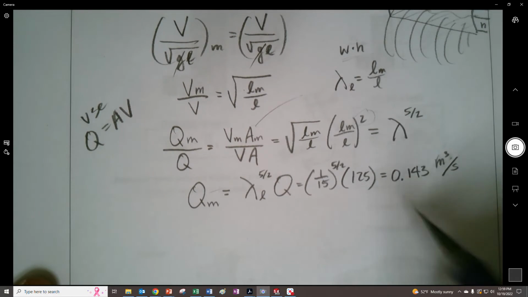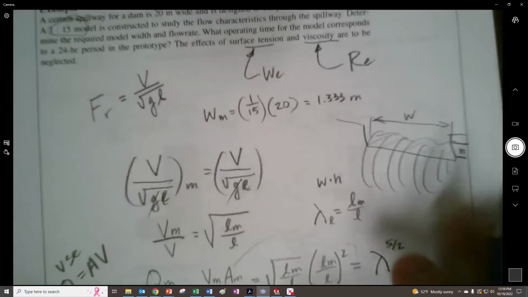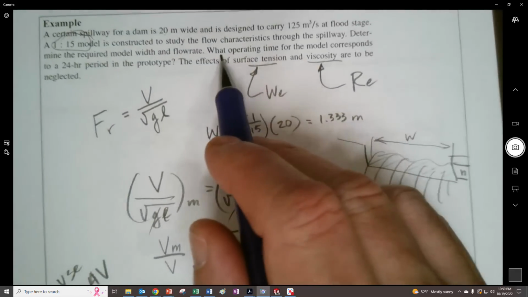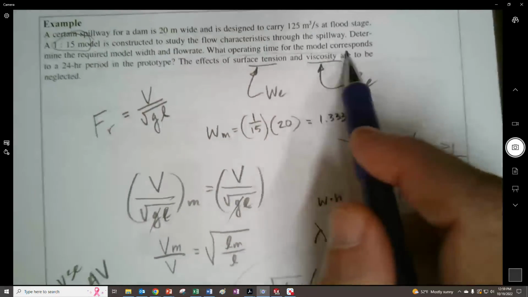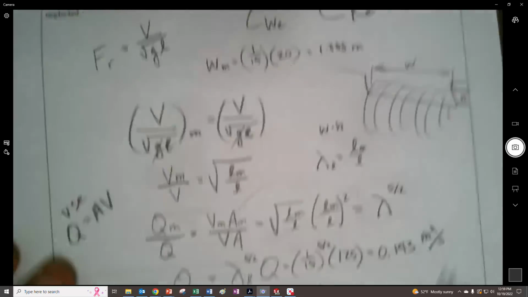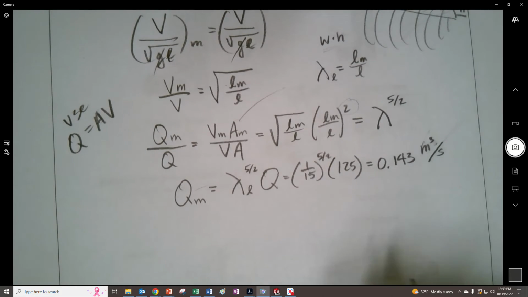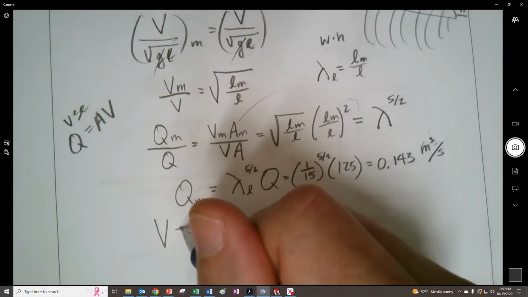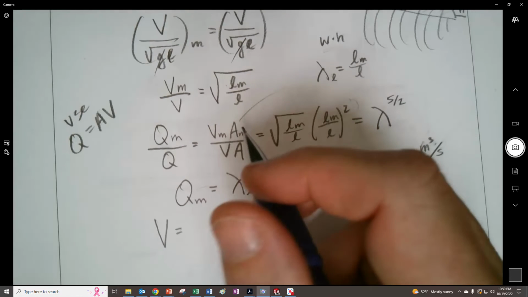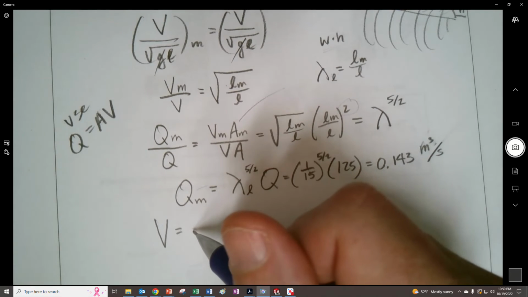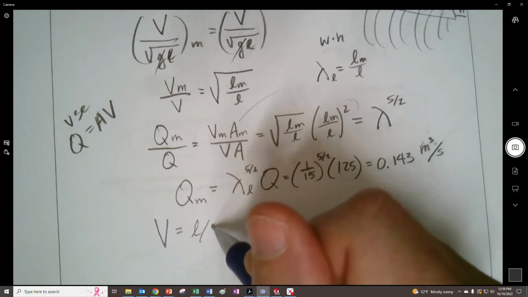And an interesting extension on this is that they're going to ask, what operating time should correspond to 24 hours? So how do we approach time? Remember, the velocity can be thought of as some type of length per time.